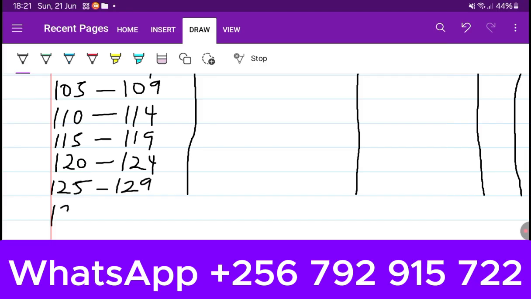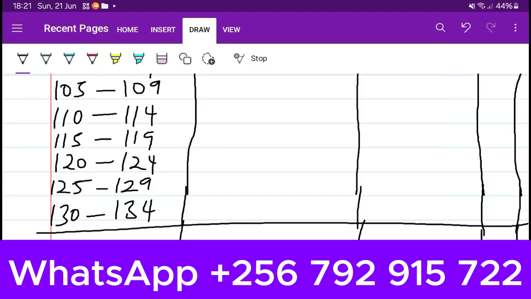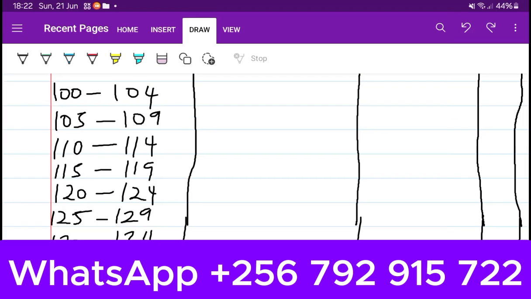This is 130 to 134. I stop there because that's where the data ends as well. So now we count. Are we having 7 classes? So this is 1, 2, 3, 4, 5, 6, 7. That's it.